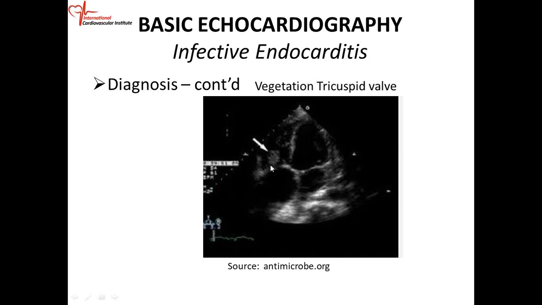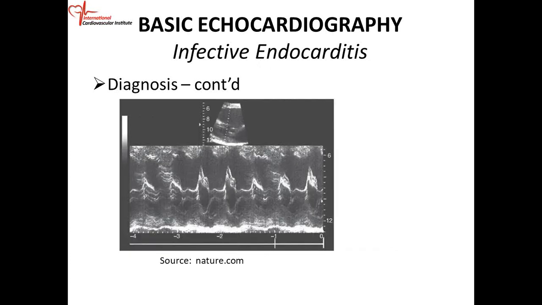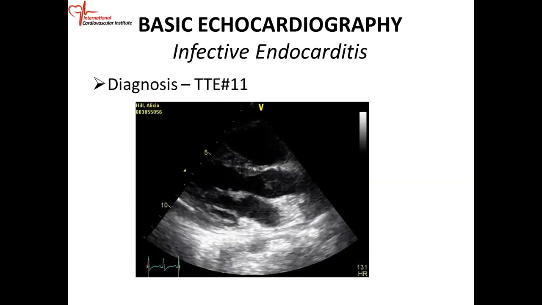Large vegetation, especially in a patient with intravenous drug abuse, they overwhelm the immune system. Okay. And you know, on the M mode, you will see evidence of valvular problems. You know, the valve will be thickened, irregular.